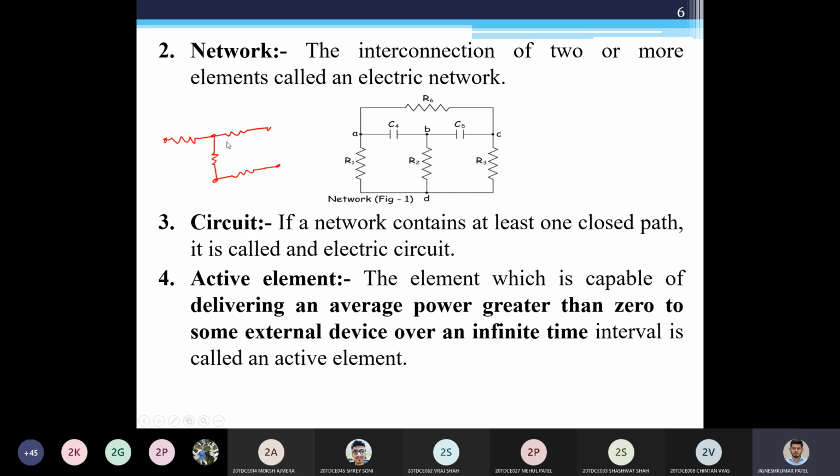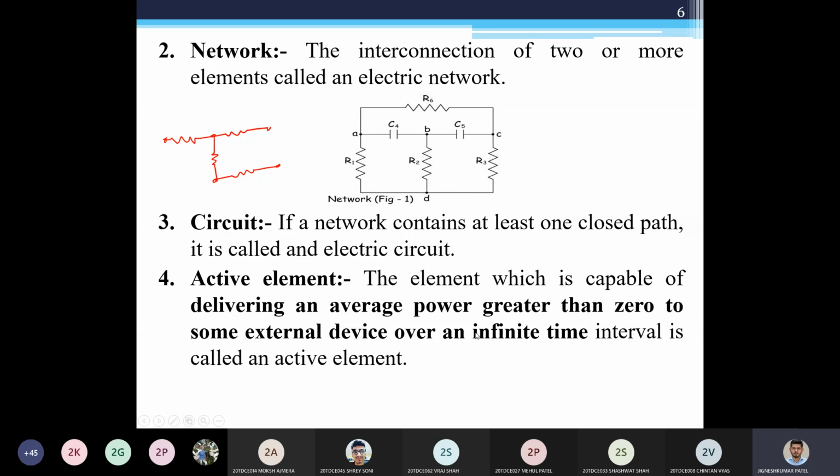There is no closed path loop in which current can flow. All these terminals are open and single ended. But here, if I see this, there is a closed path. If I put one more resistor over here, it will create a closed path, and then I can say this is a circuit.